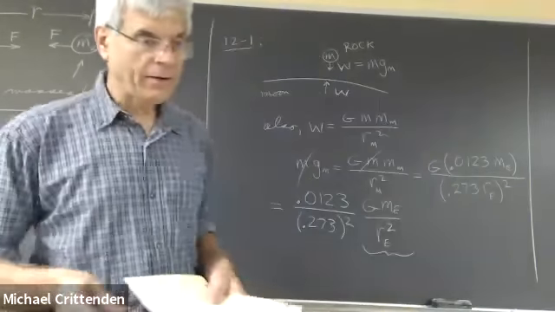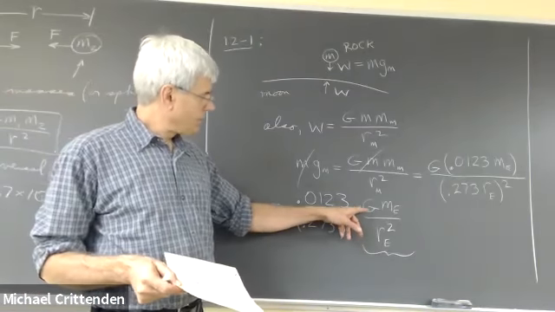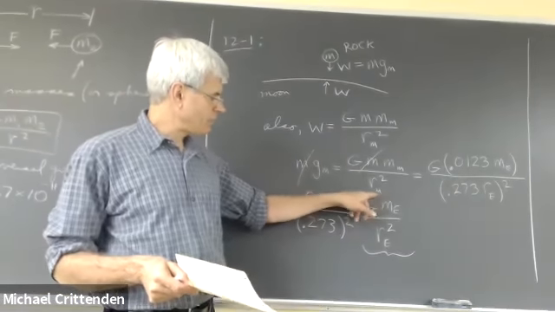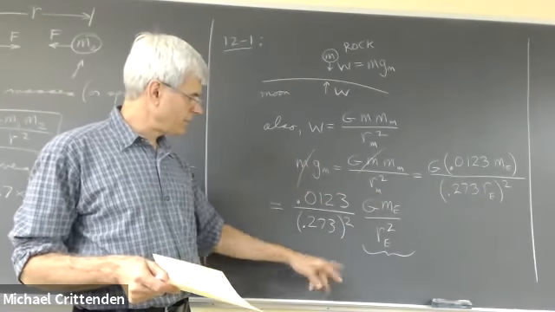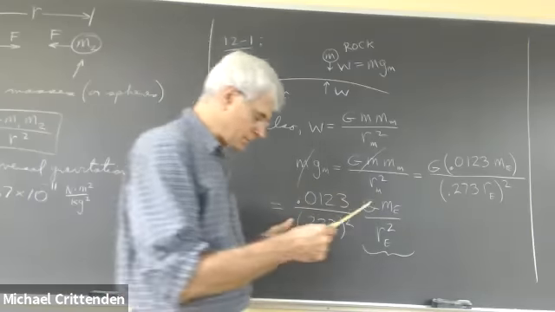And the reason I thought that would be a good idea is because little g is capital G times the mass of the planet over the radius of the planet squared, this would be little g for the Earth.